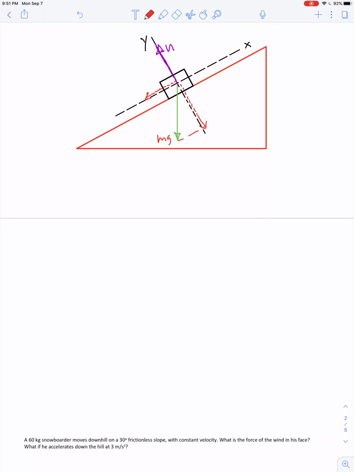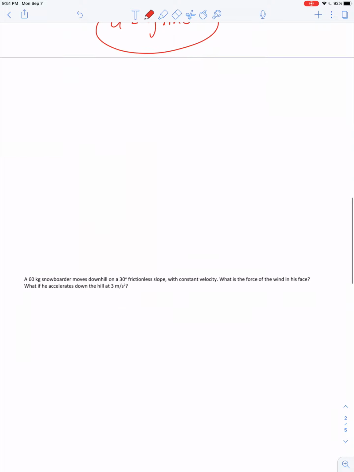But you can see those components are nothing more than the sides of a right triangle, so the component opposite the normal force is mg cosine theta, and the component parallel to the incline is mg sine theta. Normal force and mg cosine theta cancel each other out, so the net force is mg sine theta, which leads to the result: acceleration is g sine theta.